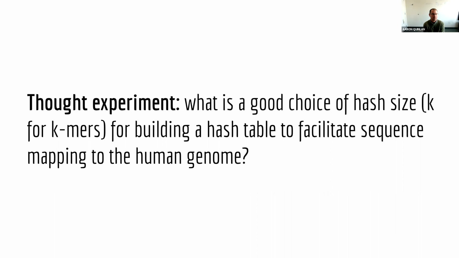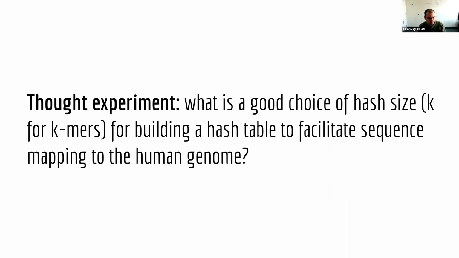And on the other side, we don't want the k to be too big. What if k is equal to 3.1 billion? Well, we have 1 entry, the whole genome, with 1 number in it, starts at position 1. Not very useful. So there's this sweet spot in between, having k large enough where it's informative, but not so large that it transitions quickly to being uninformative in terms of finding possible locations.